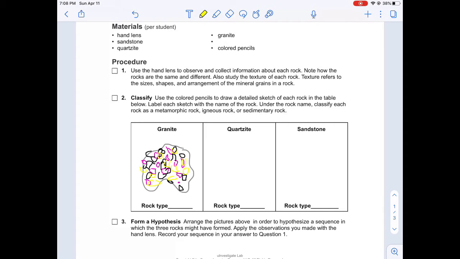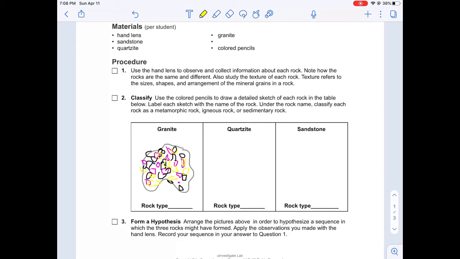Now what we need to do is think about, which type of rock is this? And when I look at this rock, I see that it has visible crystals. It's made up of a variety of different minerals. I can see the crystals. It doesn't have layers in it or thin layers that would show it's a metamorphic rock.